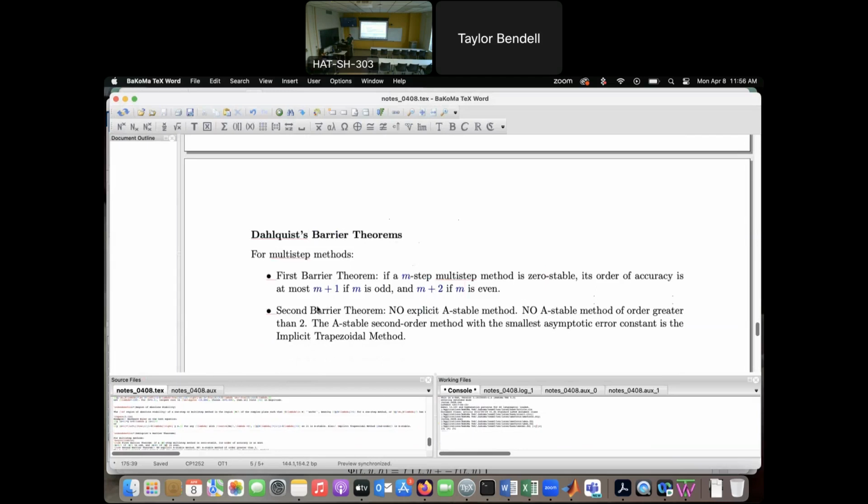The second Dahlquist barrier theorem says that there is no explicit method that is A-stable. So the two examples I gave you, backward Euler and the trapezoidal method, are both implicit methods. Also, it's not possible to have an A-stable method of order greater than 2.